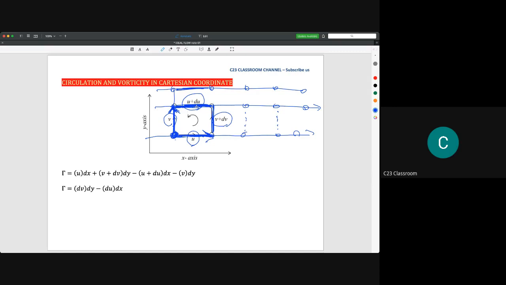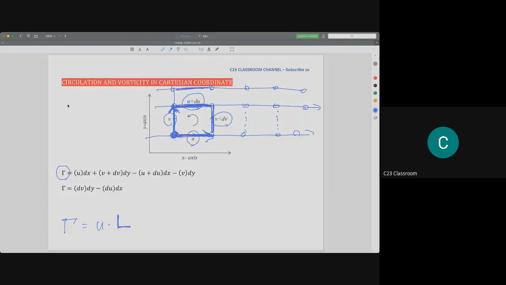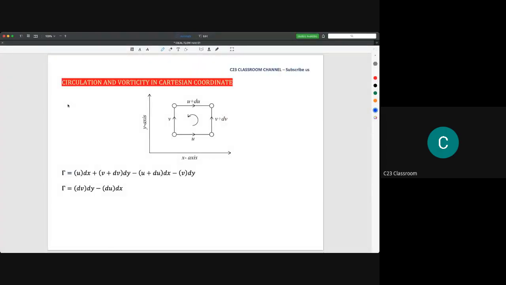Okay. Now we calculate the gamma. This is the gamma, and you must know that the basic idea is gamma equals u times L, where L here is the distance traveled by the fluid. This calculation is about the rotation.